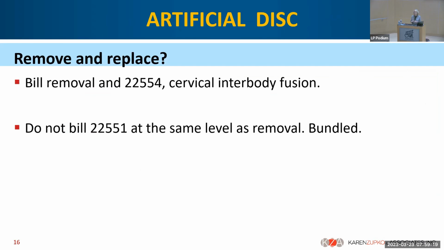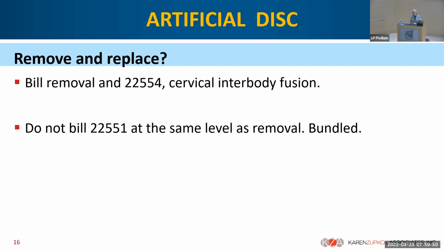And there's lots of removal of artificial discs with patients who don't do as well as we hope they would do. So they come in, you remove the disc, and what do you do? You've got to put an interbody device in, and you wouldn't just take the disc out and leave them like that. You're going to do something to relieve their pain or stenosis. So once you take the artificial disc out, you can bill for removing the disc, and then you can bill a fusion 22554, not the full ACDF code, because you've already decompressed, conceivably, and we would hope.